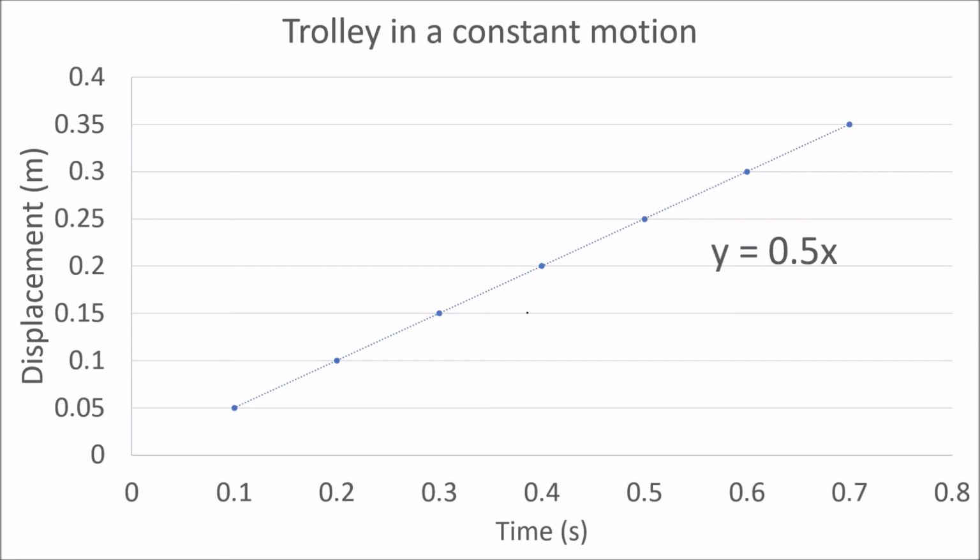Now, just to remind you, when graphing: title, labeled axes, and then ensuring that when you're graphing, the units are increasing in incremental proportions. What do I mean by that?